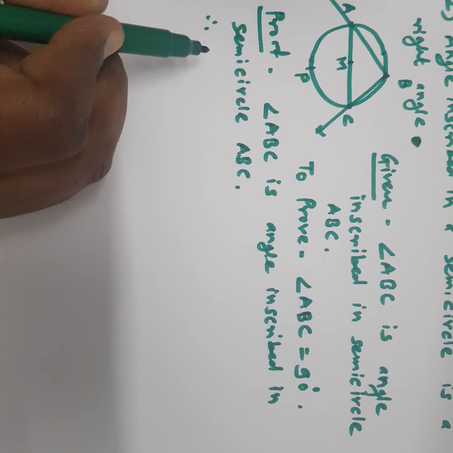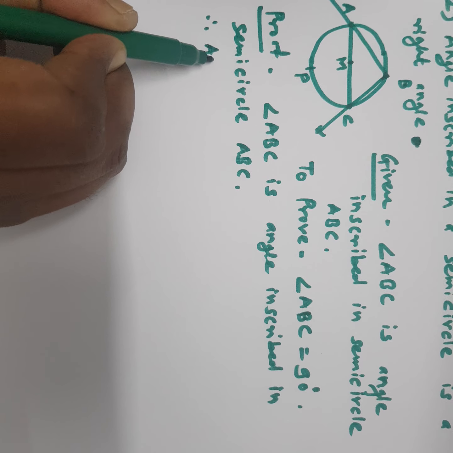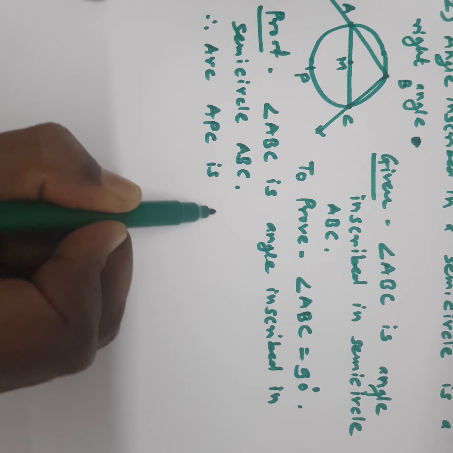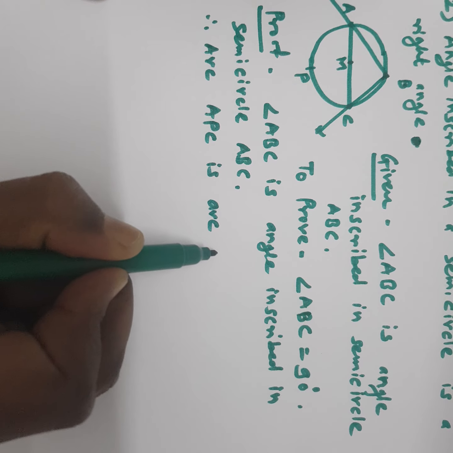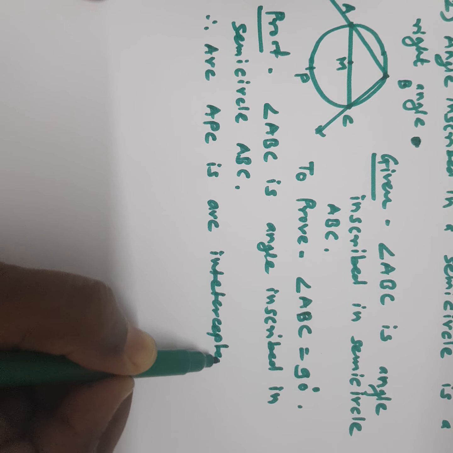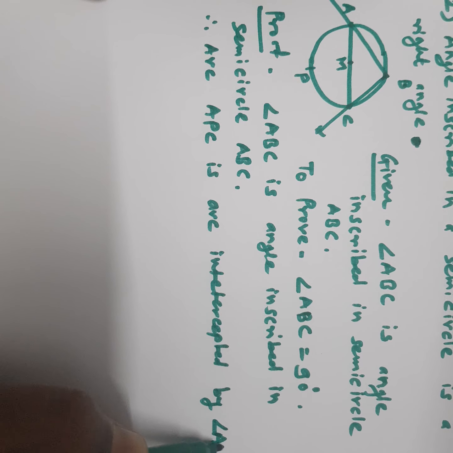Therefore arc APC is the arc intercepted by angle ABC.